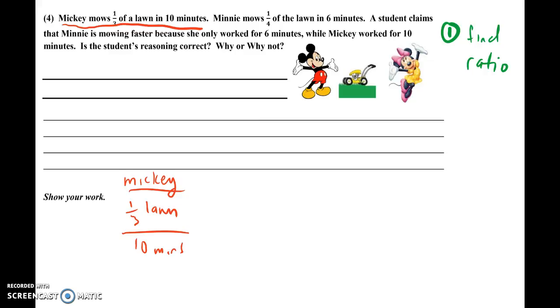Now, the second step would be to take that ratio and turn it into the unit rate. So second step is get the unit rate. So 1/3 of a lawn in 10 minutes.